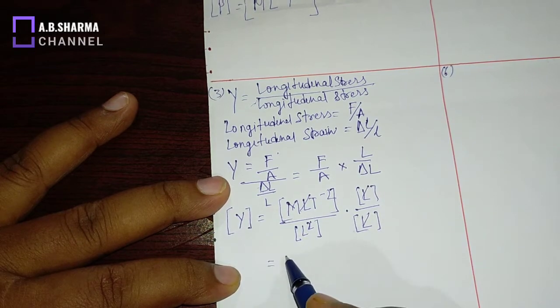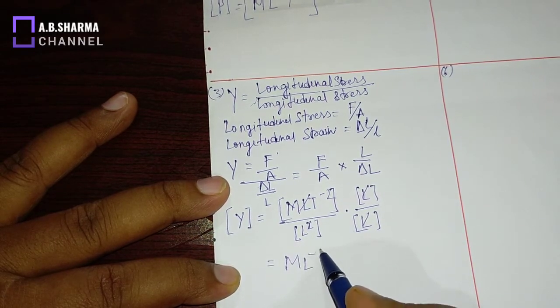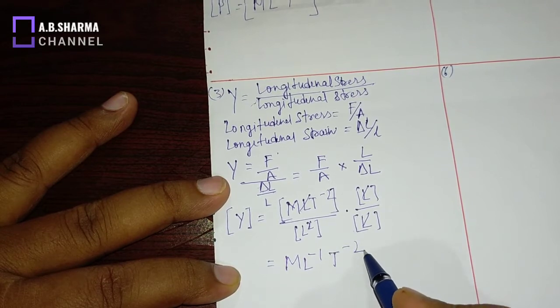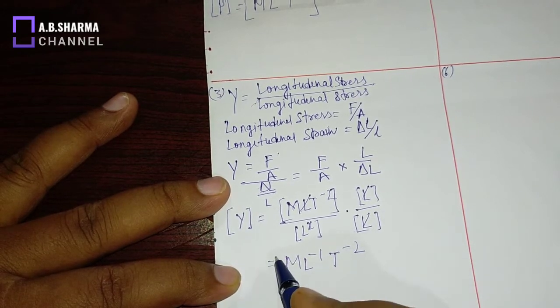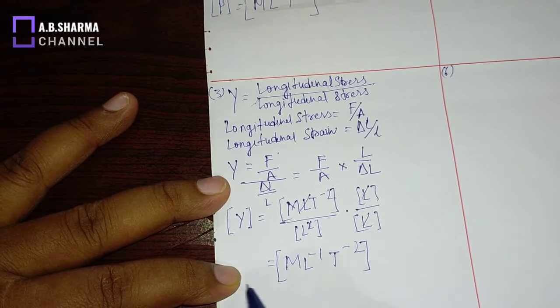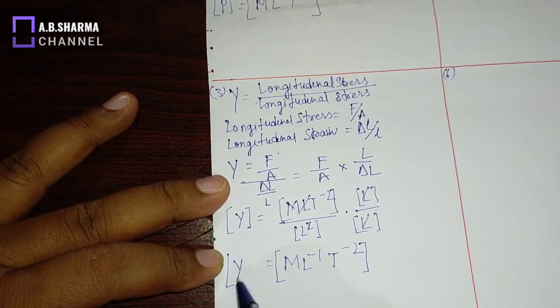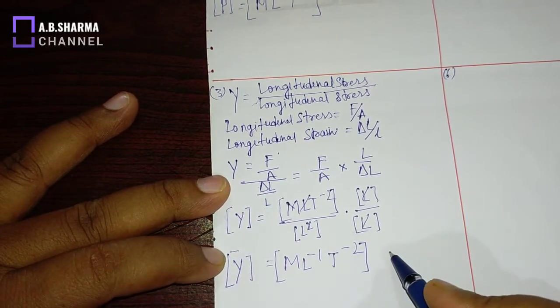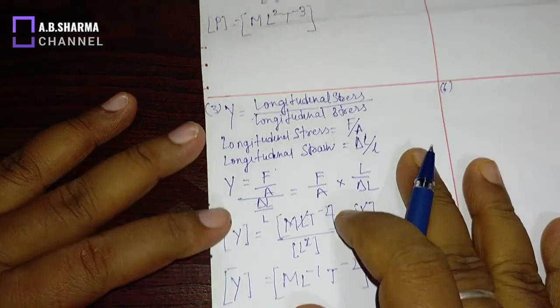So this will become M L minus 1 T minus 2. This is the dimensional equation of Young's modulus.